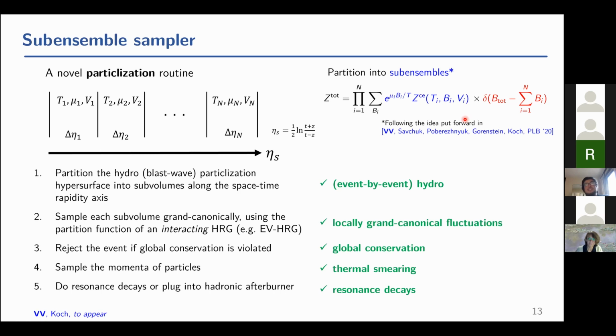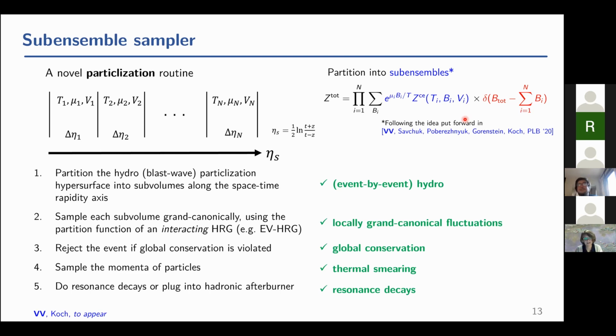So the volume of a cell has to be of order 100 cubic Fermi or larger, and the rapidity width has to be smaller than 1 unit. I have tried varying these parameters in the ranges I mentioned, and the results did not change.